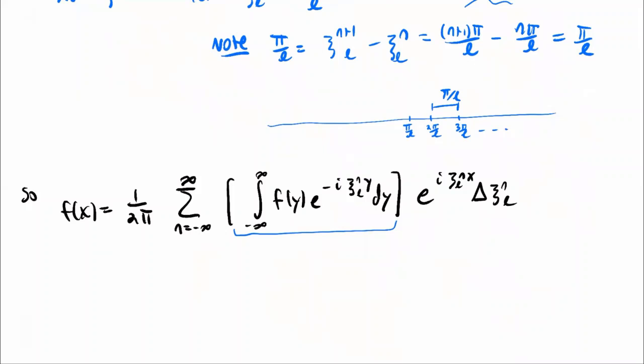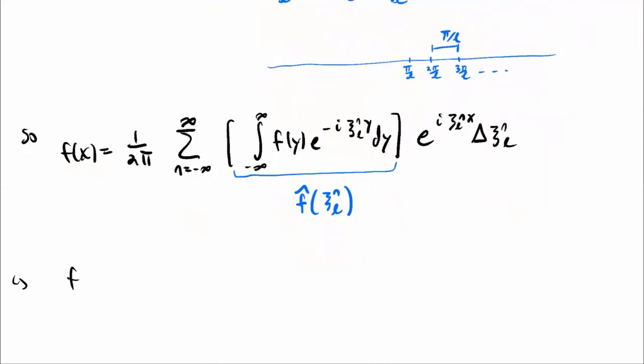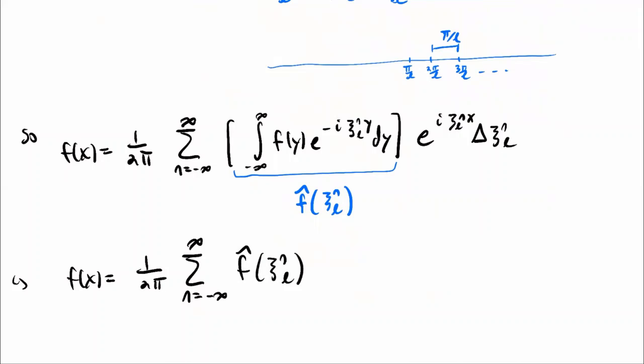Right, and so this function that I've underlined in blue, I'm going to call this not f, but I'm going to put a hat over f, and I'm going to call this f hat of this variable xi and L. Right, and so what I have here then is I've written my function f of x as 1 over 2 pi times the sum from n equals minus infinity to infinity of this f hat function of xi, which also depends on n and L, times e to the i xi x, and then times the change in xi.